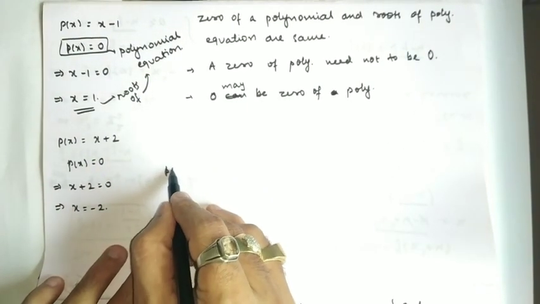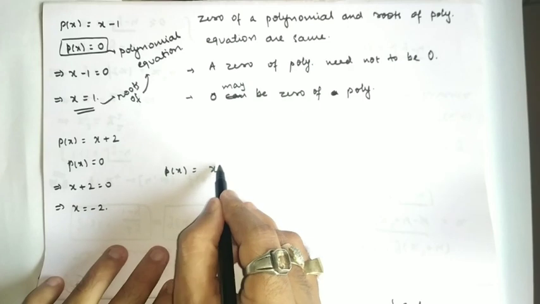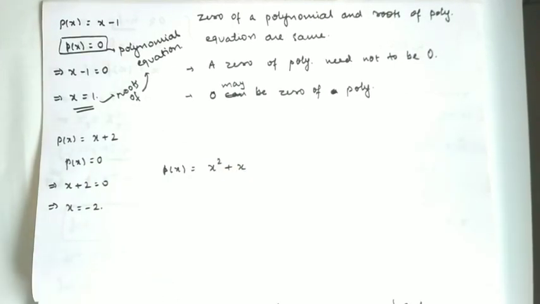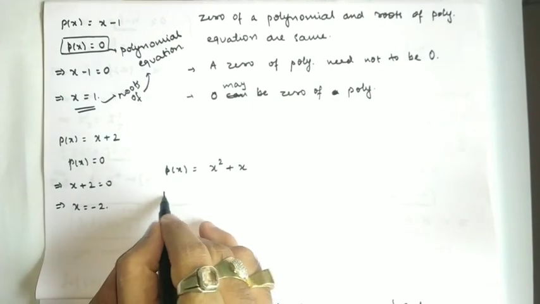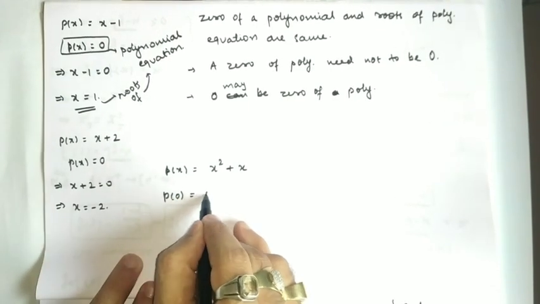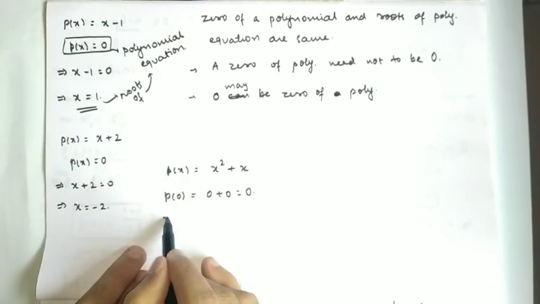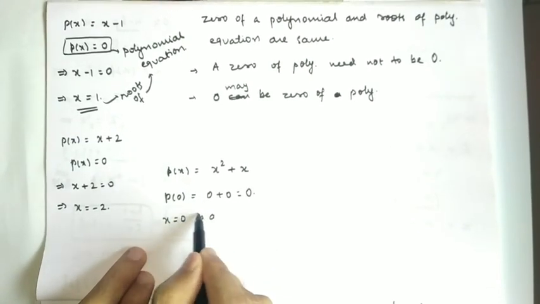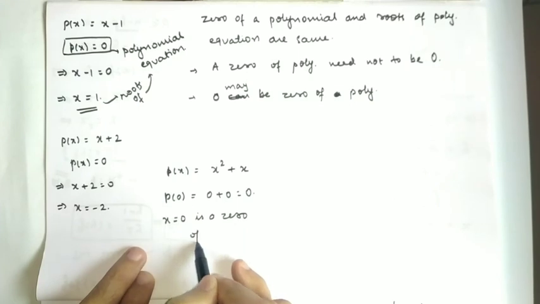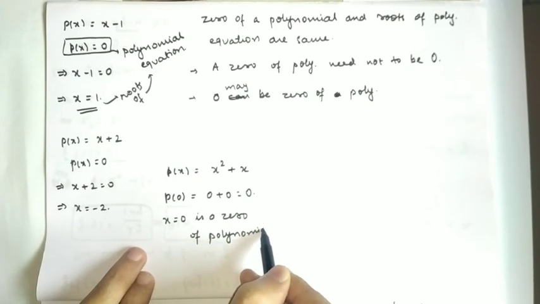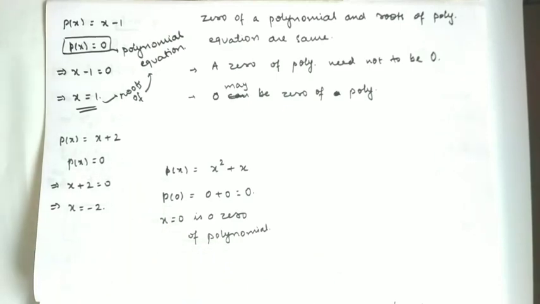Let me give you one more example. Suppose I have a polynomial p of x is equals to x square plus x. So if I put x equals to 0, I get 0 plus 0 equals to 0. So x equals to 0 is a 0 of polynomial. But not every time we have something like this.